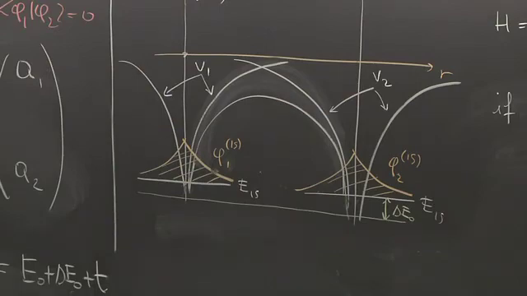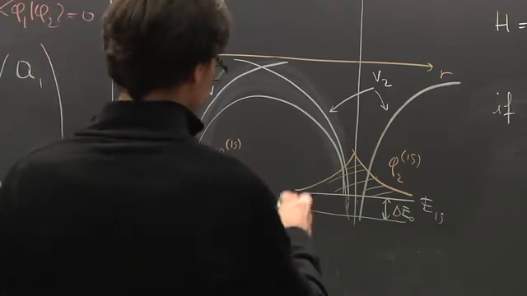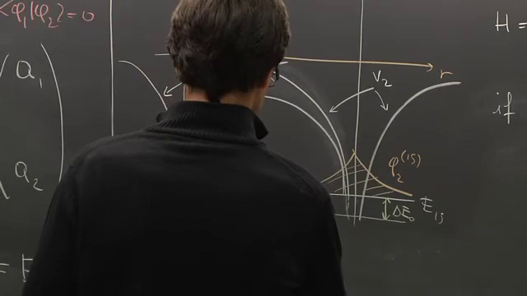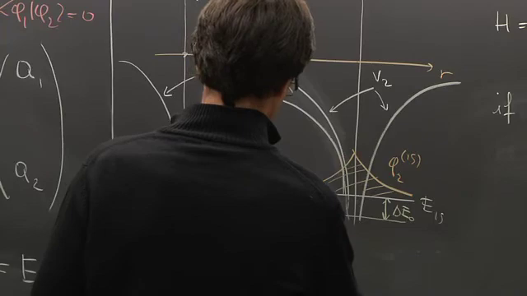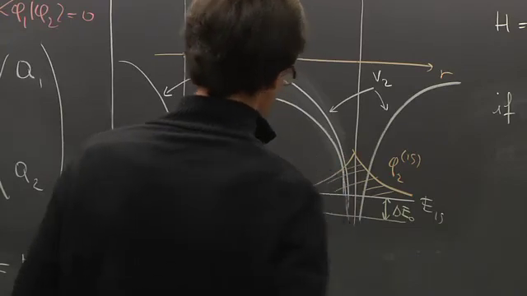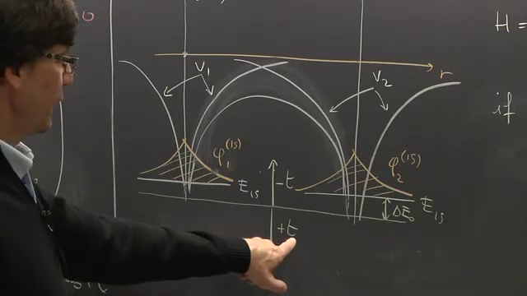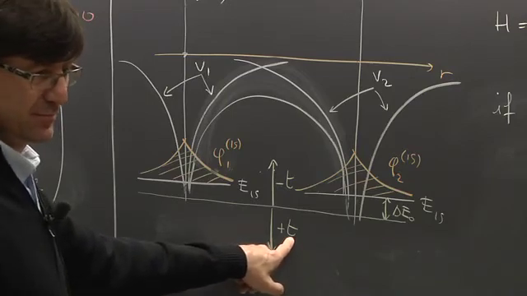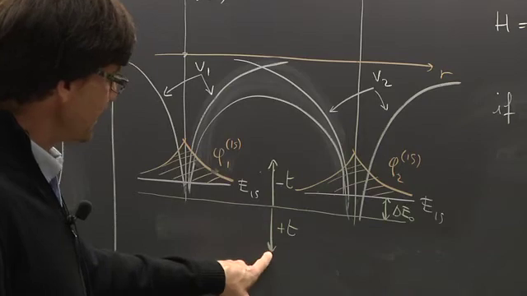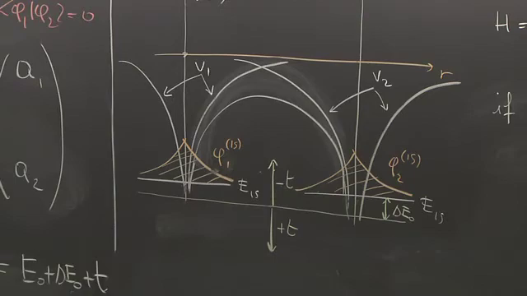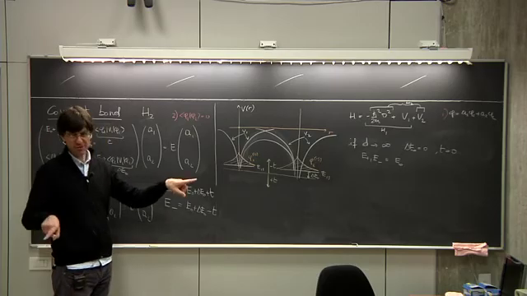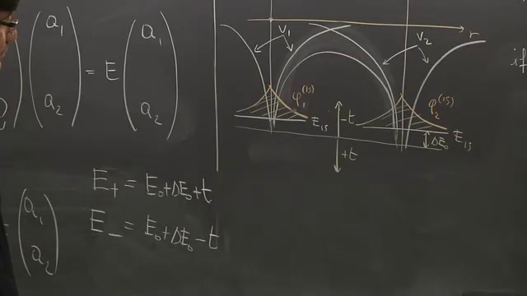In addition to that, there will be a splitting, right? I'm now showing the splitting for a negative t. If t is negative, plus t will bring me down, minus t will bring me up. So the two solutions will be E naught, rigid shift for both, and then plus or minus t in the opposite direction.